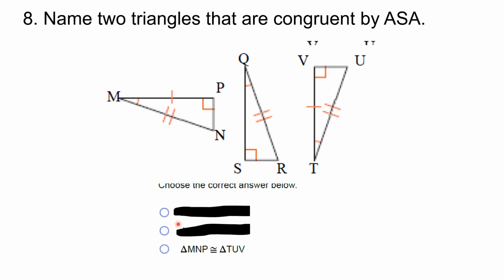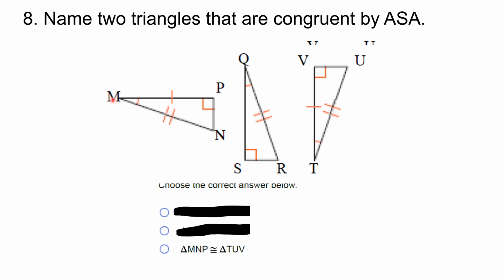But let's make sure this is correct. I like to start off with the right angle. Looking at the triangle on the left, P is the right angle, and that one comes last. Let's make sure that the right angle for the triangle on the right comes last. V is the right angle for the triangle on the right, and it comes last.